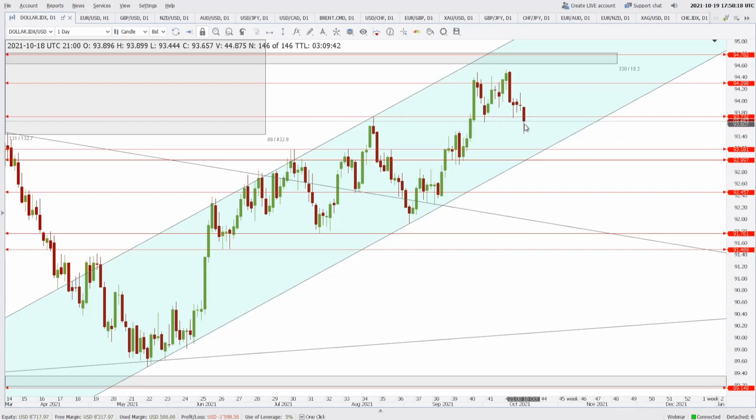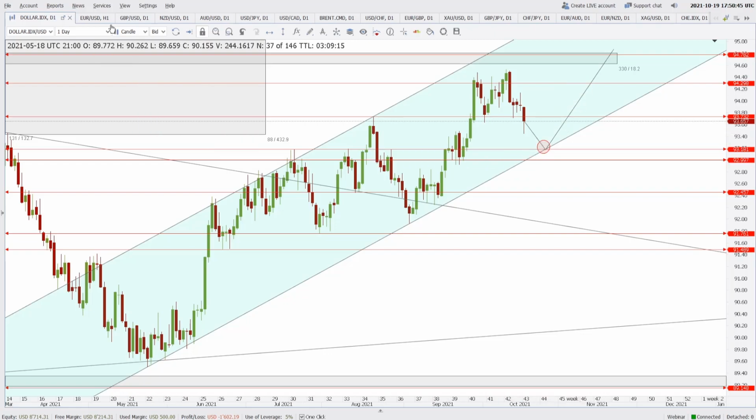But if you are looking for a buying opportunity, I think a better one will arise somewhere here when the price goes near 93.18. I think this will be a good area to open a buy position in the direction of the US dollar, because the pair is already in an uptrend.